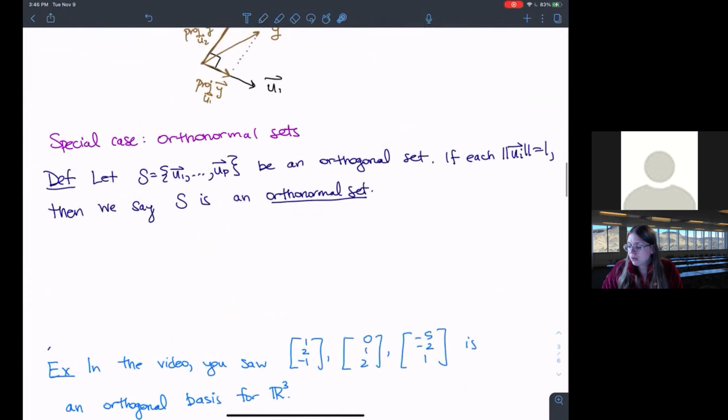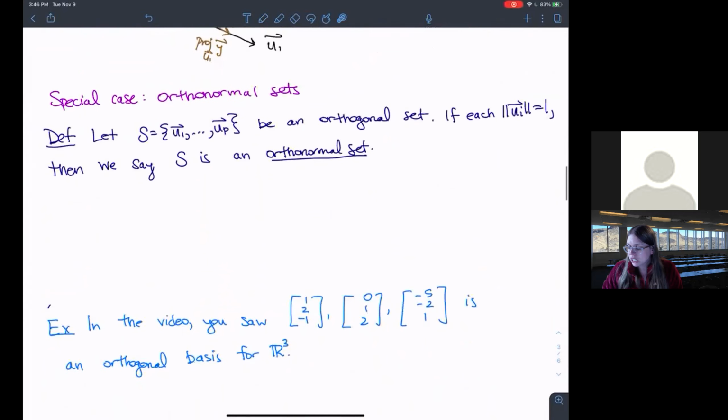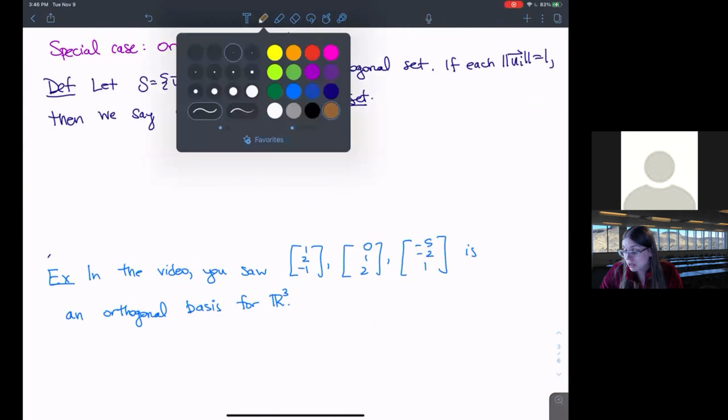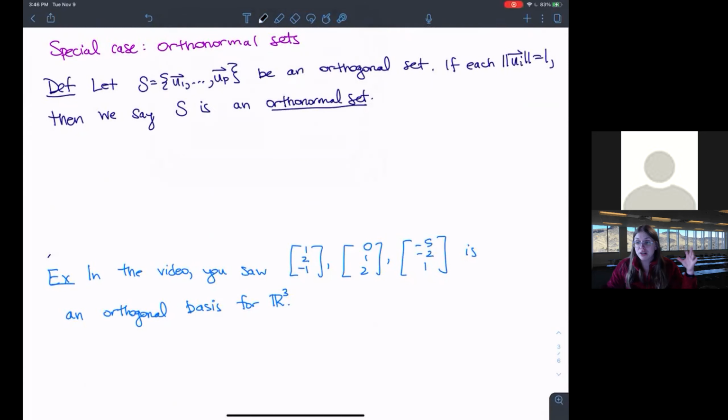For now, though, the rest of the time on this section, I want to focus on the special case of an orthonormal set. And an orthonormal set is really just an orthogonal set where every vector has length 1. Such a set is still going to be linearly independent because it's still orthogonal. I'm just changing the lengths. Like, I have a bunch of orthogonal vectors, maybe they're longer or shorter, and I'm just scaling them so they're all 1 now.